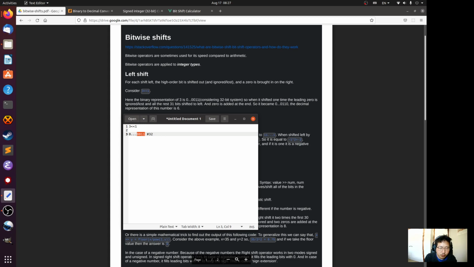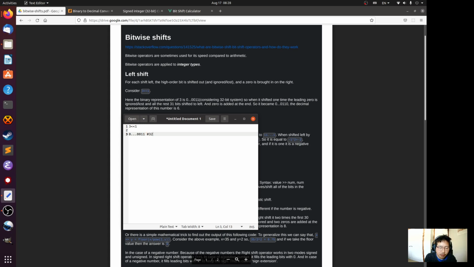Now have a look at this binary. If you shift all the bits to the left by 1, you can see that the leading bit here will be lost. It's shifted out. Then to compensate, you pad the right side with 0.